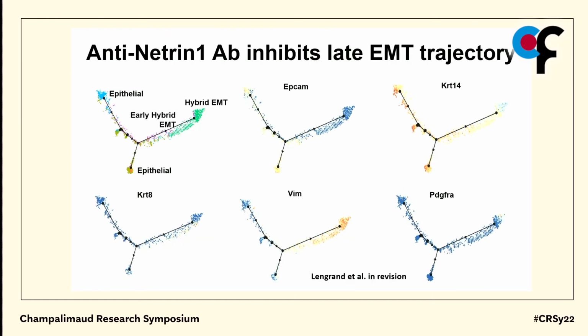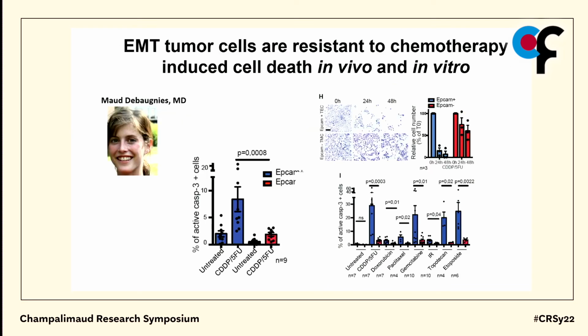In contrast, when you check the lineage trajectory that occurs upon netrin-1 inhibition, you find that the late EMT trajectory is completely gone, and you have another epithelial-like, a super epithelial state trajectory, and you conserve this hybrid EMT trajectory.